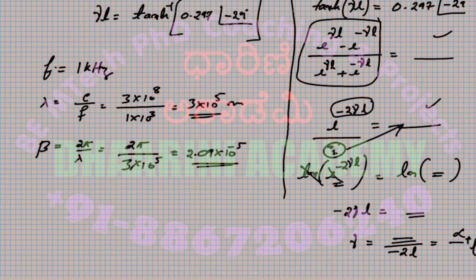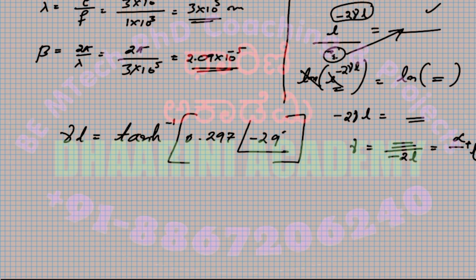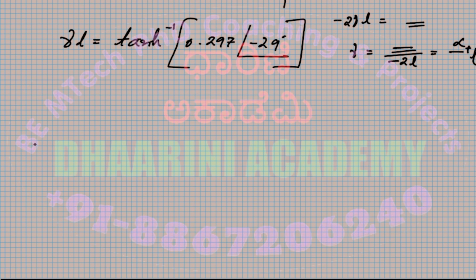That is gamma L equal to tanh inverse of 0.297 at an angle of minus 29 degrees. So what we do, we take the tanh to the other side. So tan hyperbolic.